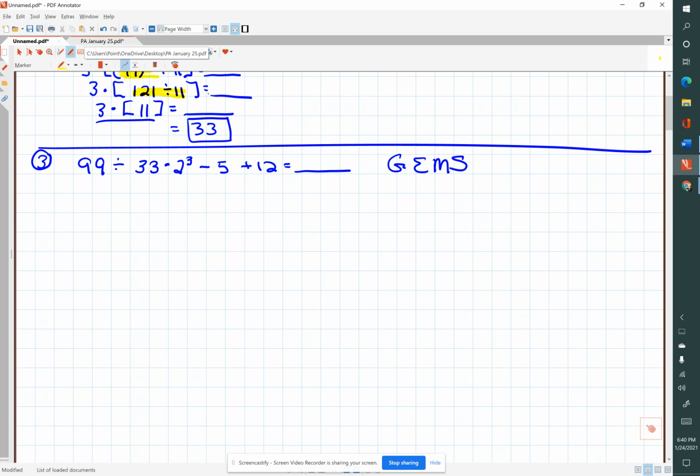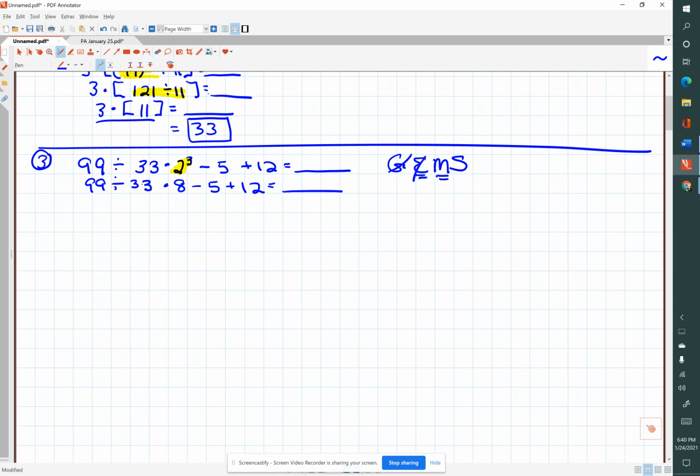So I think we will start with, we don't have grouping symbols, but we have an exponent. So we'll start there. So 99 divided by 33 times 2 to the third is 2 times 2 times 2, which is 8, minus 5 plus 12.